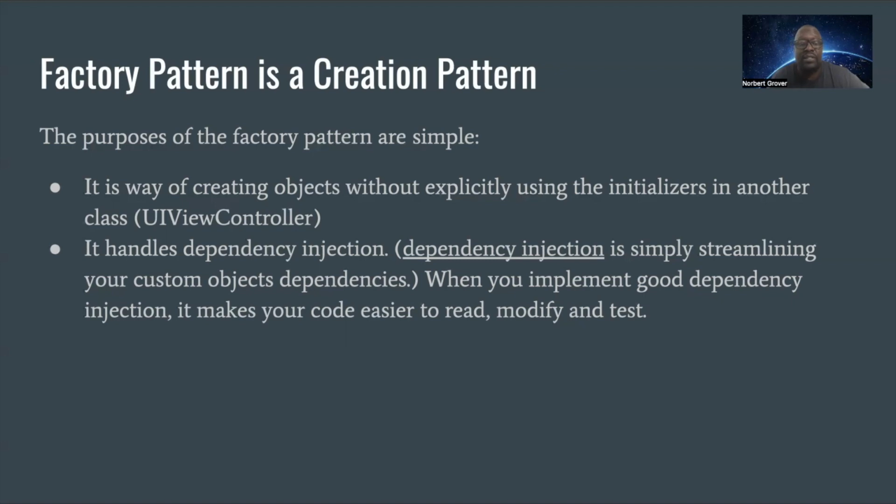Basically you want to call a method that creates your classes and handles much of the dependencies. And a dependency is something that you use to create an instance of a class, right?